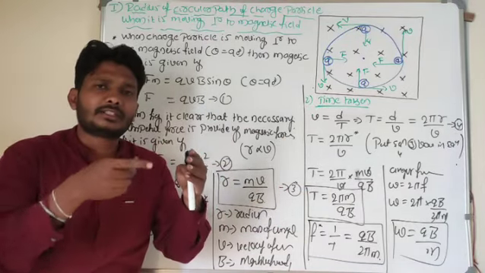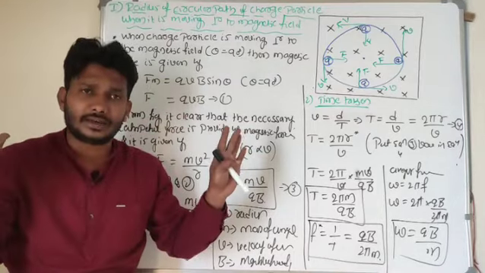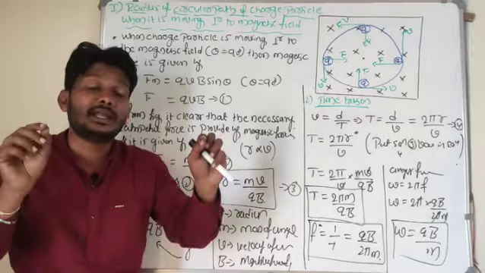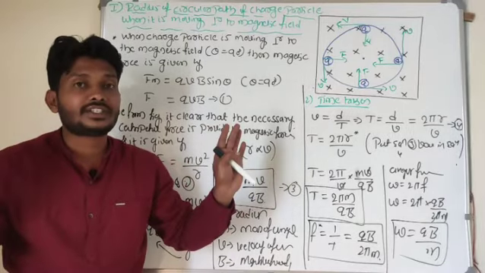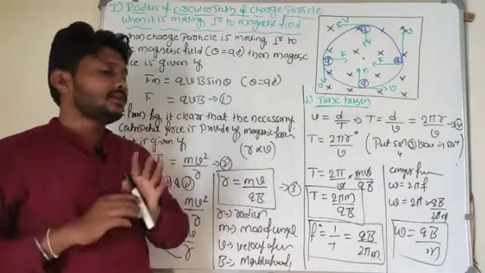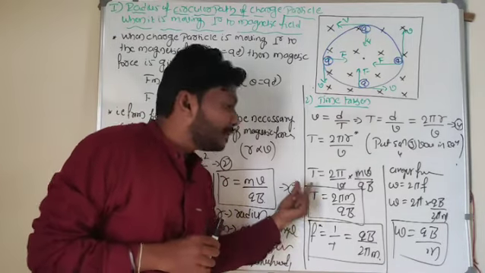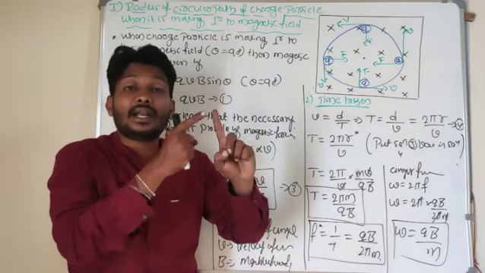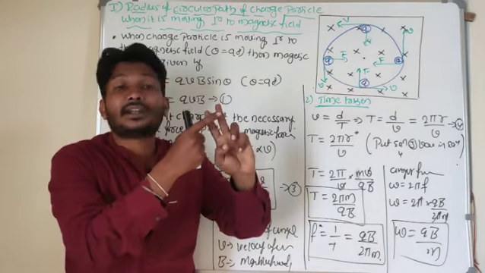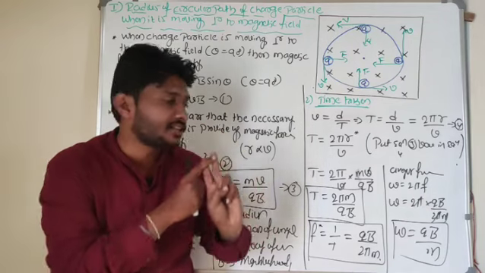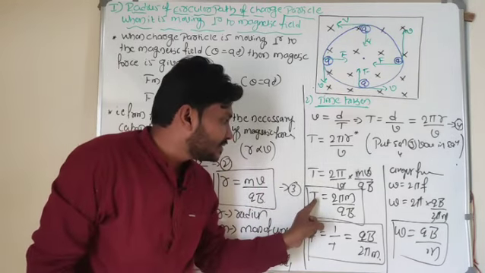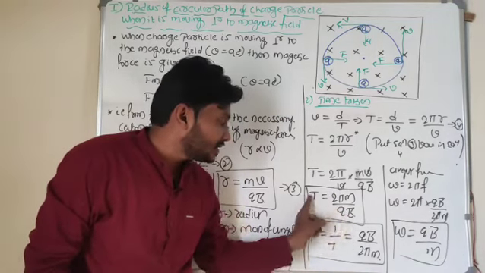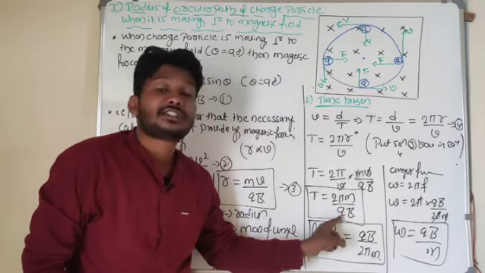Whether the charge particle is moving with less velocity or greater velocity, the time taken to complete one revolution is independent of the velocity as well as the radius of the charge particle. Time period depends only on the mass of the charge particle, the strength of the magnetic field and the charge of the particle.